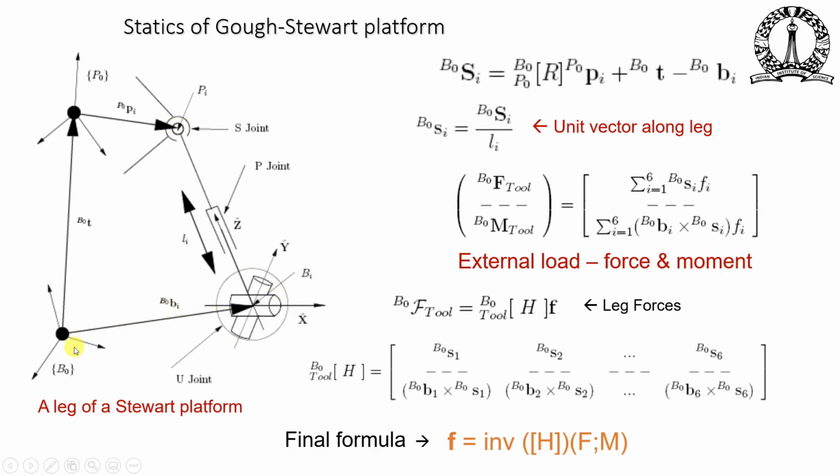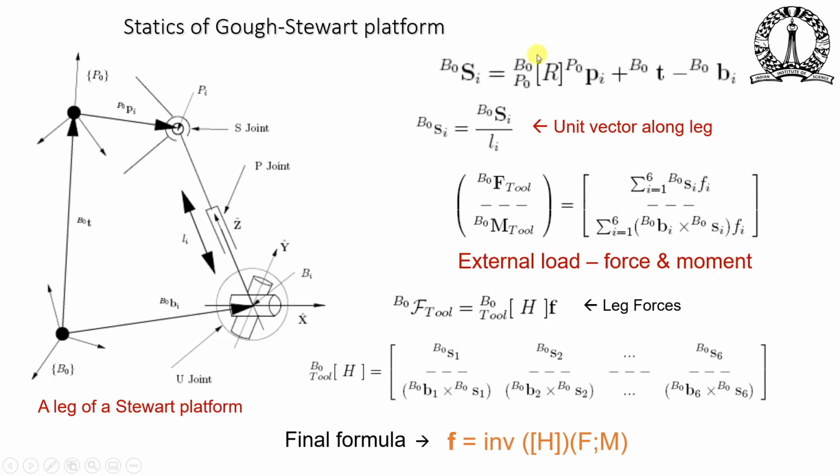This is a fixed coordinate system. Each leg can change its length by Li. The Z axis is along the direction of the joint like any other joint. And then we have these two rotary joints which represent a U joint. The U joint is nothing but rotation about X and Y.